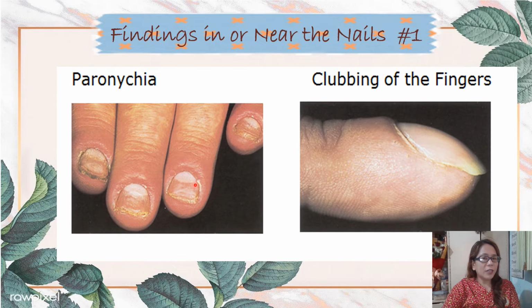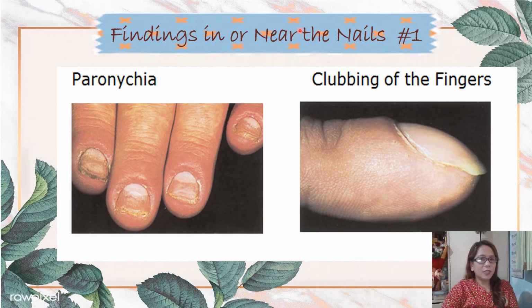There are two types of paronychia, the acute paronychia that comes on suddenly and may not last long. Okay, it usually occurs on the finger, while the chronic paronychia lasts longer and may occur on the fingers and the toes.